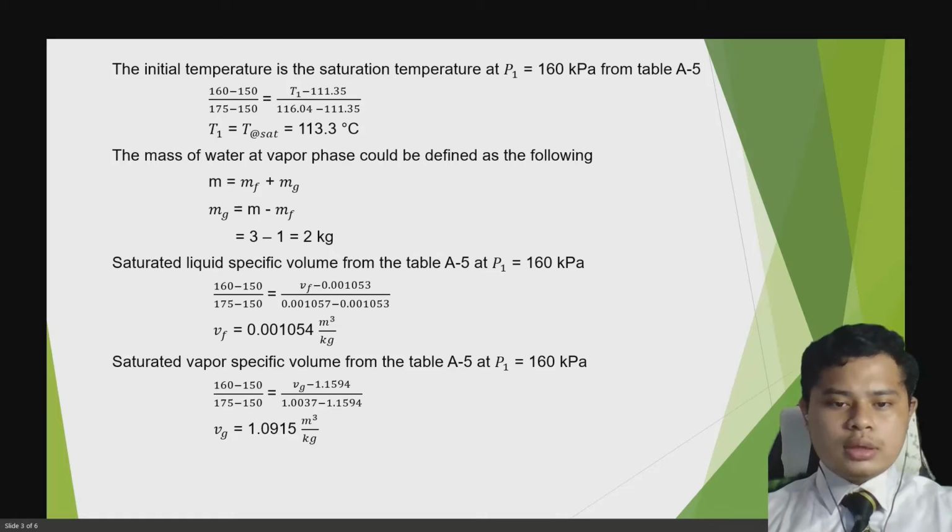After that, we must also find the saturated vapor specific volume at a pressure of 160 kPa. Same as before, we use interpolation: (160 minus 150) divided by (175 minus 150) is equal to (the saturated vapor specific volume that we want to find minus 1.1594) divided by (1.0037 minus 1.1594).